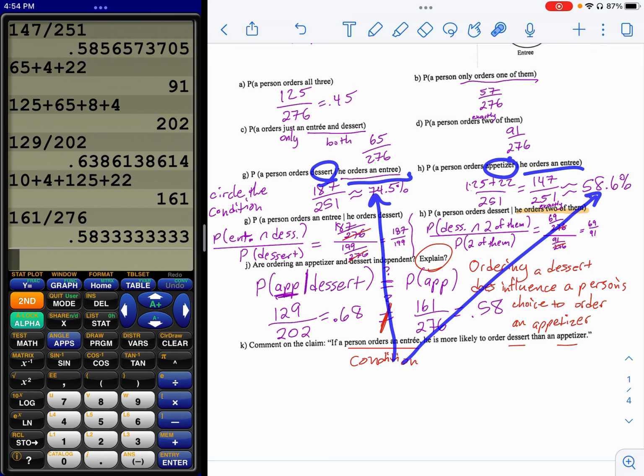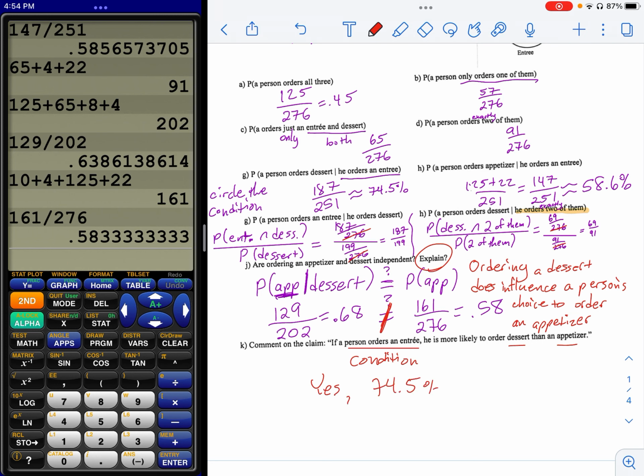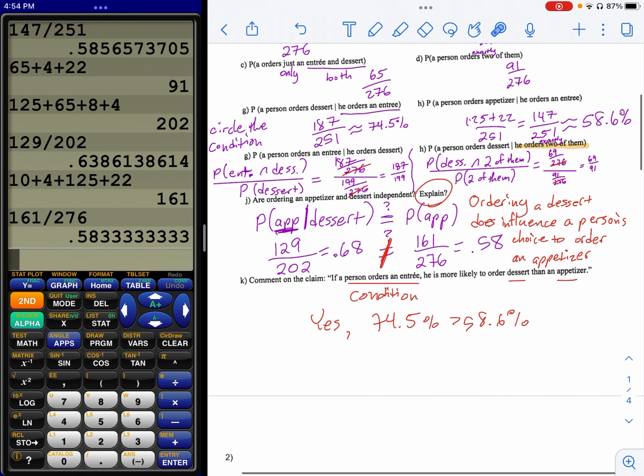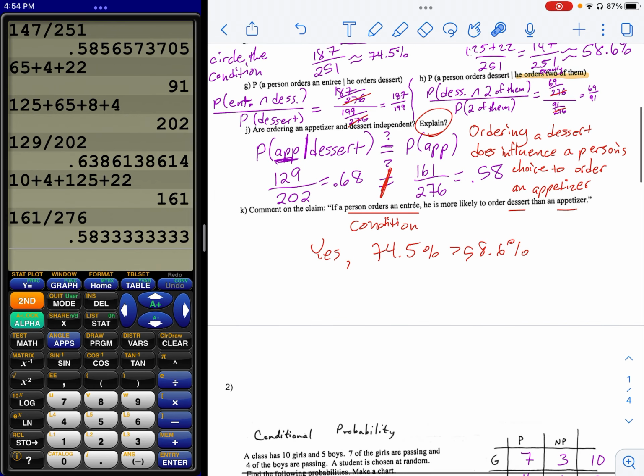So is the dessert more likely? It looks like yes. We had 74.5%, which is greater than 58.6%. Got those from right here and right here. So don't go back and start all over.